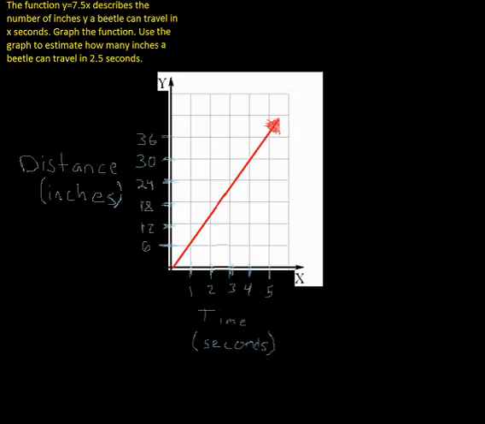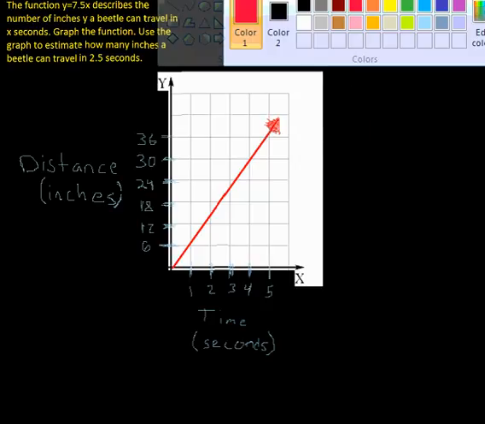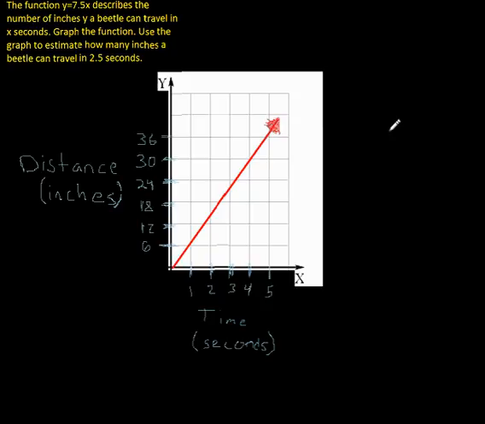If I were to do the math here and check my function, I'm hoping that my y value is going to be a little bit greater than 18 inches. So I'm going to change the color here. We'll work it out real quick.